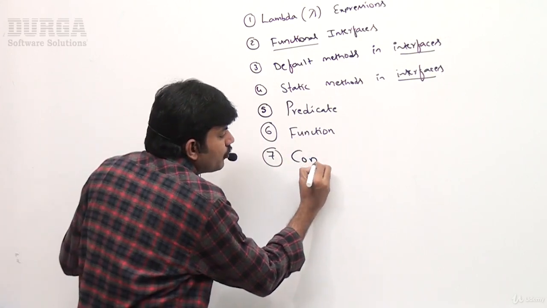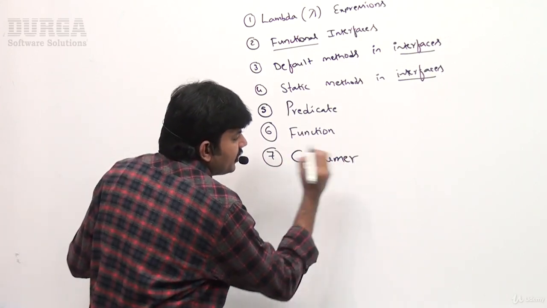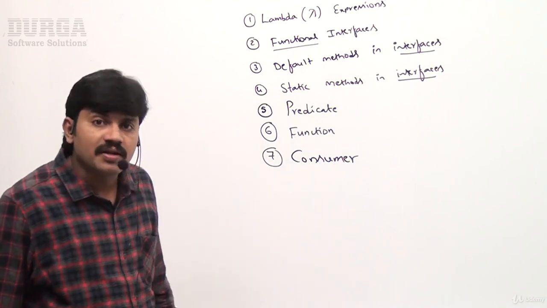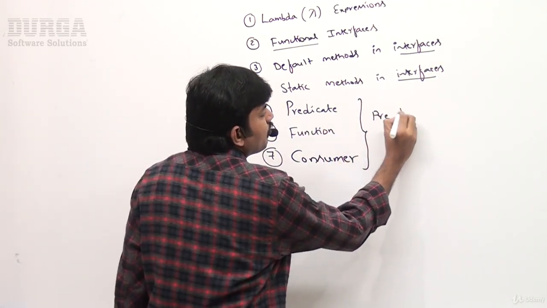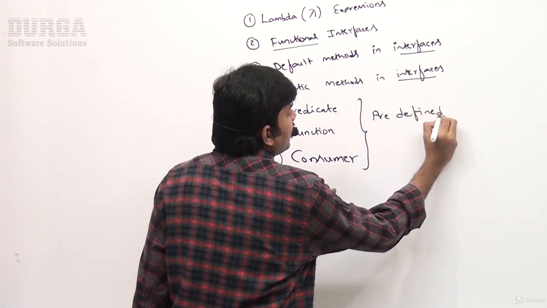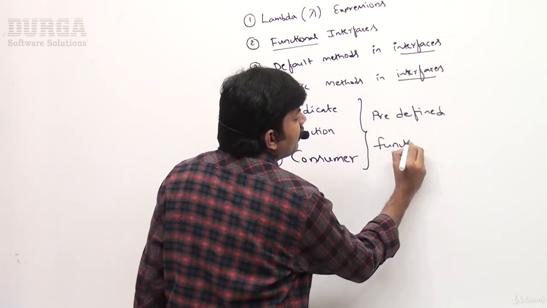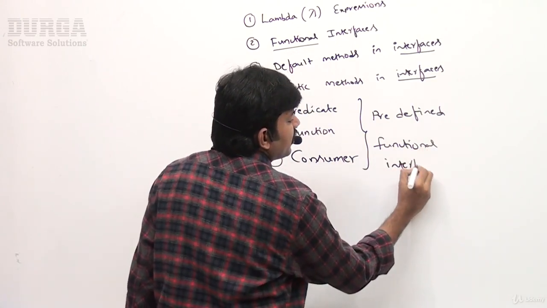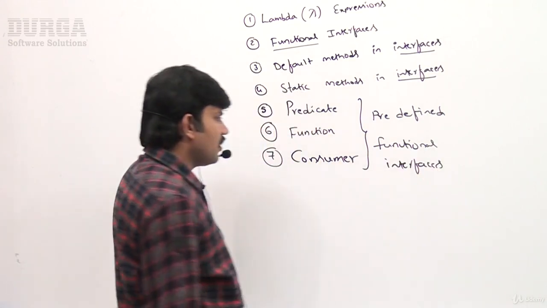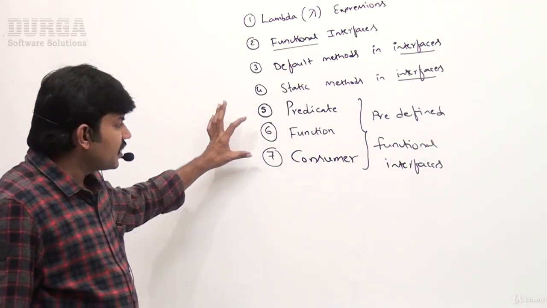Next, Consumer, which is also a predefined functional interface. We have to discuss these predefined functional interfaces. With lambda expressions, we can happily use these functional interfaces. Which methods are there and how you can use them, that part I will discuss in detail.